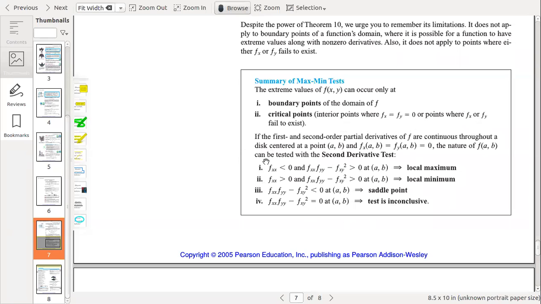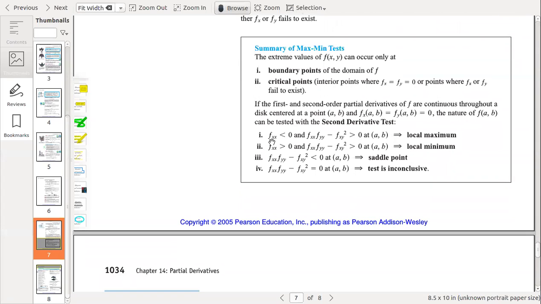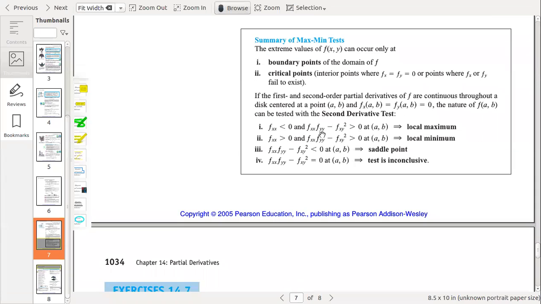And the second derivative test is that if the second order partial derivative f_xx is less than 0 and the discriminant inequality is satisfied, we can say that a local maximum exists at (a, b).